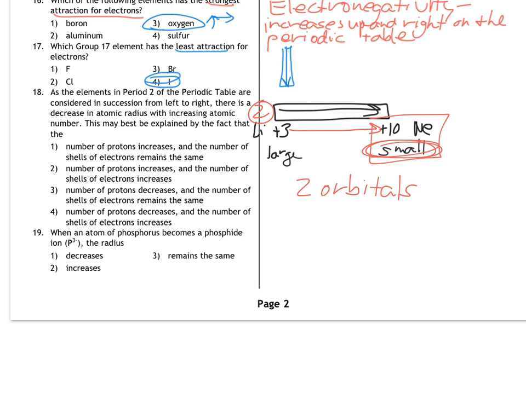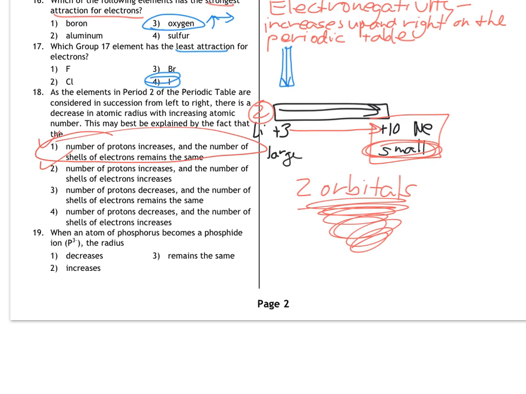But the reason why these two compare so well is because they both have the same number of orbitals. So when it asks me, this may best be explained by the fact that I would say number of protons increases is correct. So it could be 1 or 2. But it has to also say that the number of shells of electrons remains the same. So my best answer is number 1.